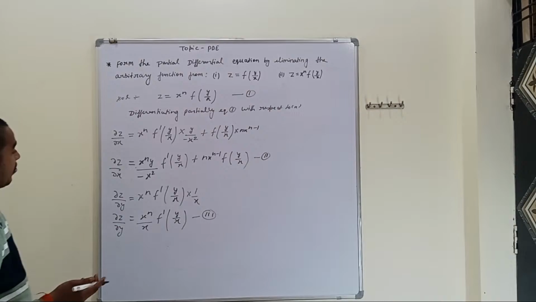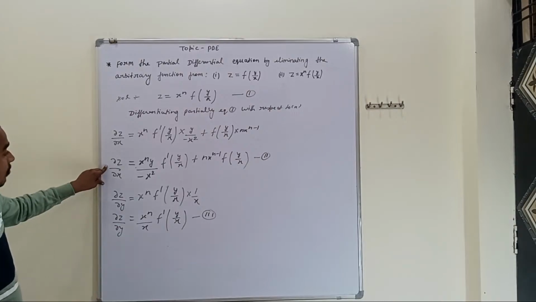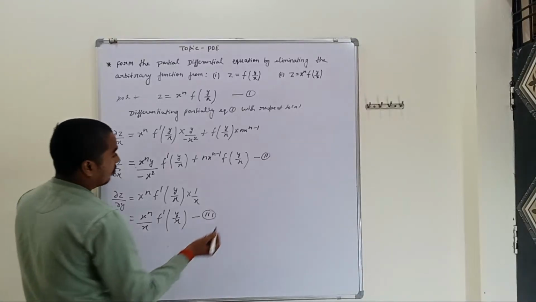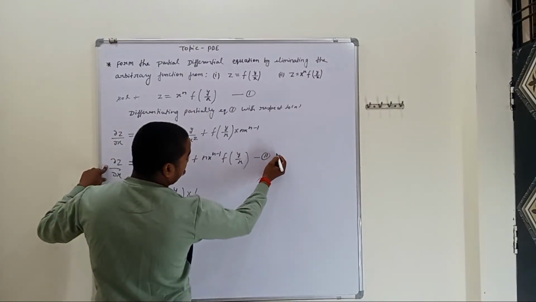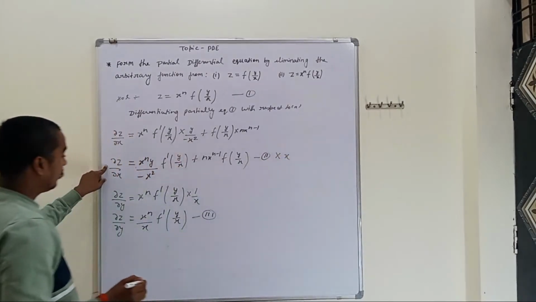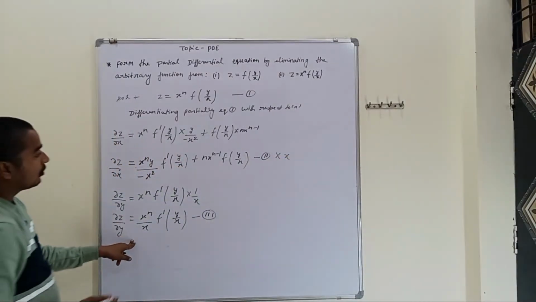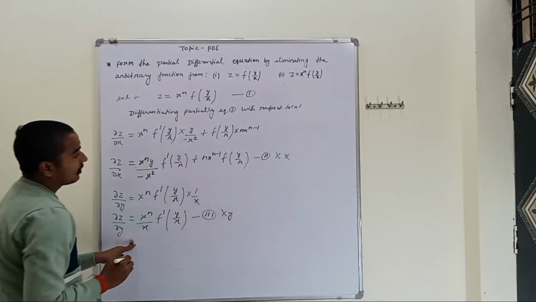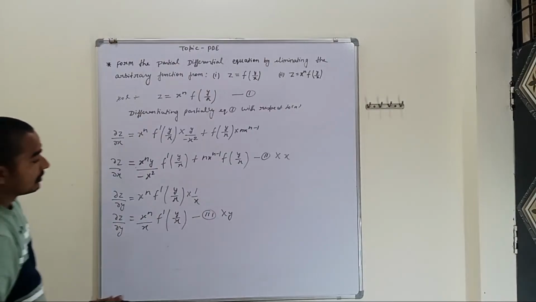From here, multiplying equation 2 both the sides by x, and multiplying equation 3 both the sides by y, and adding.